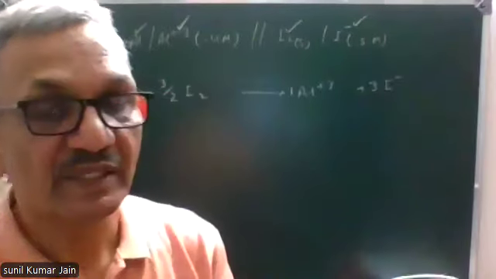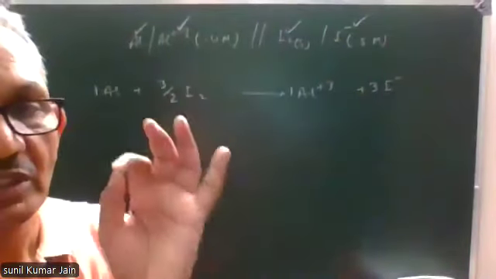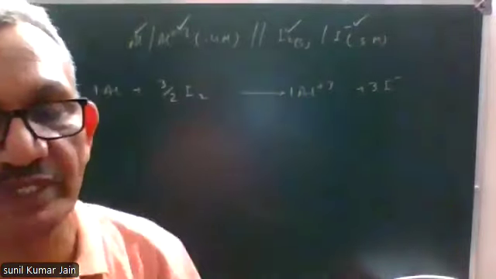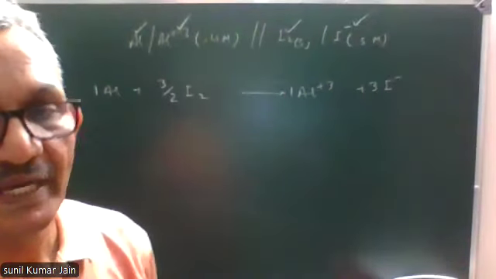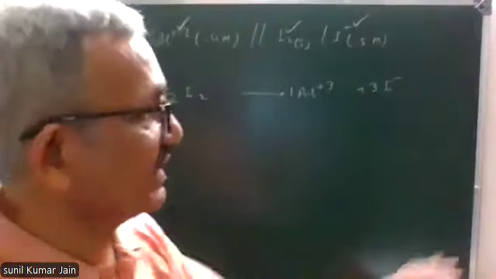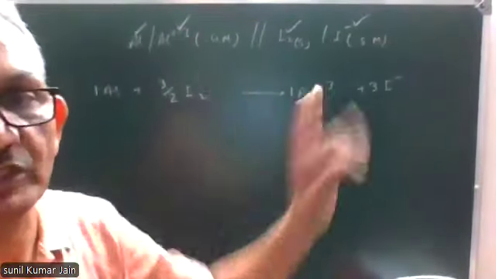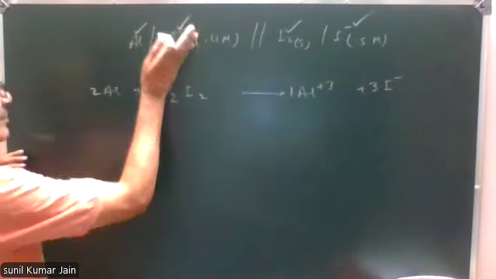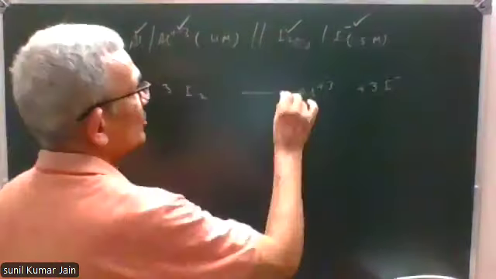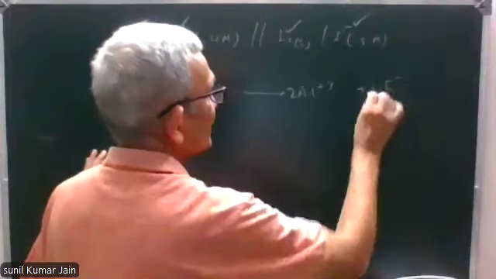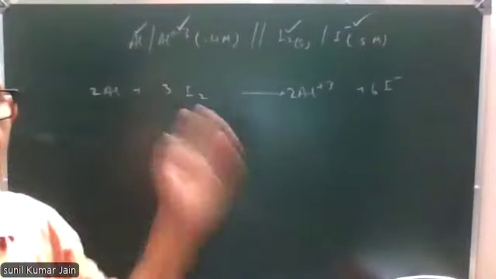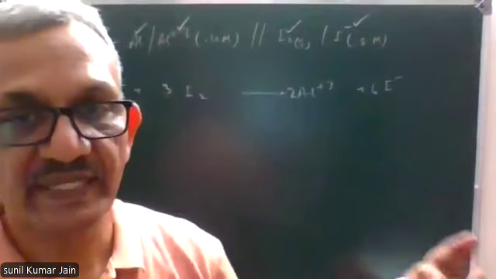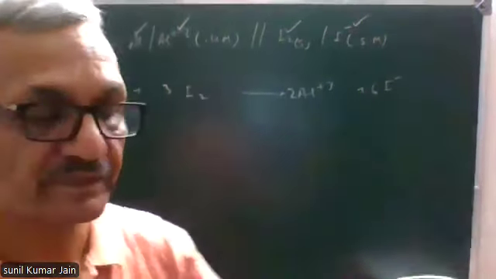Calculation will be easy, but make sure you convert this into whole number stoichiometry. To convert into whole number stoichiometry, multiply the entire equation by 2. It becomes 2, 3, 2, 6. And finally, you should check whether the equation is balanced or not.